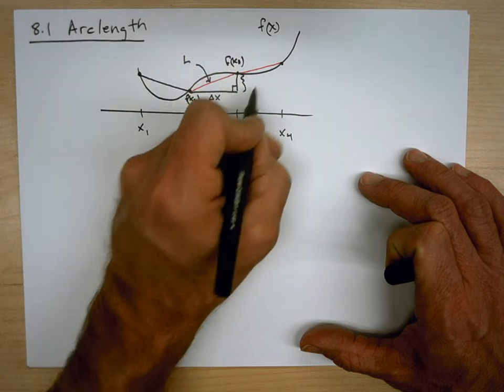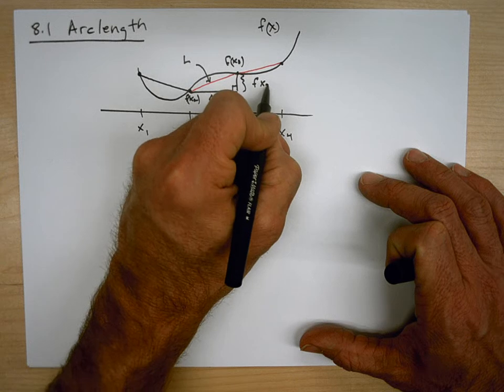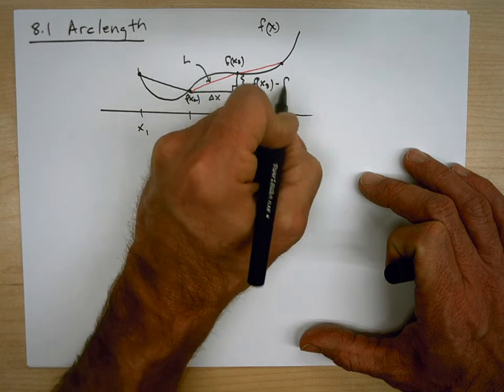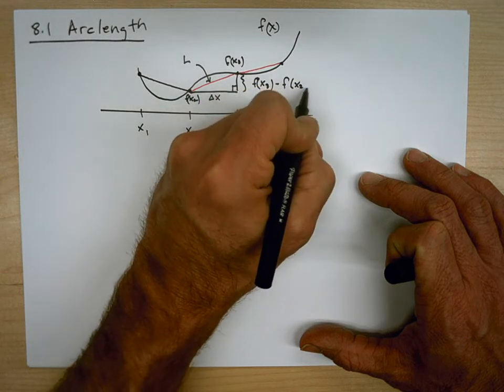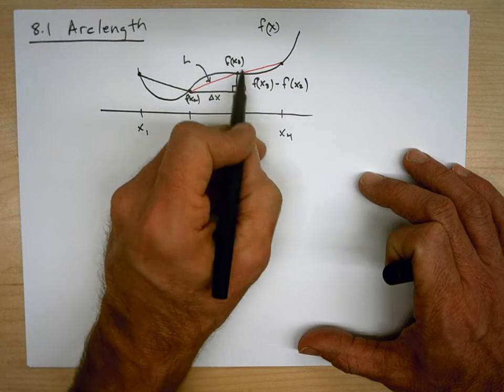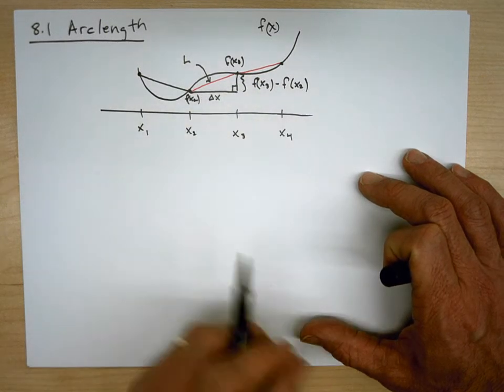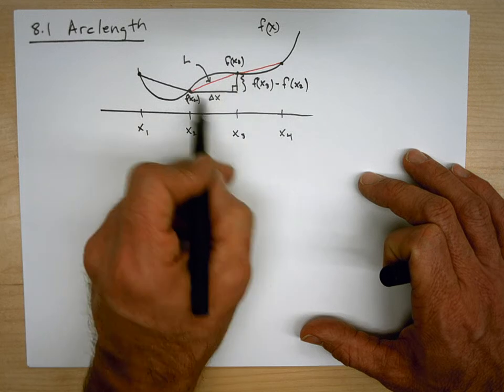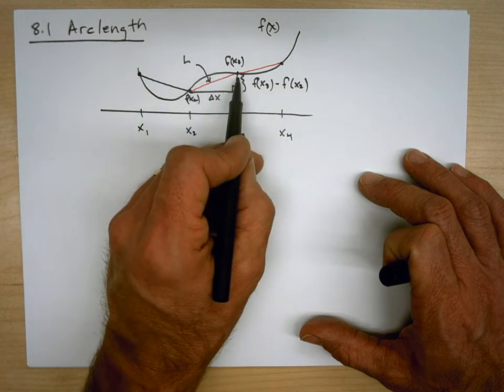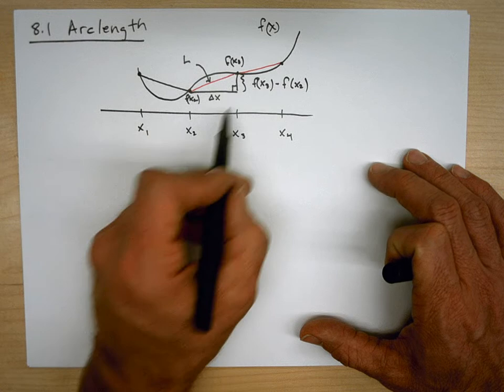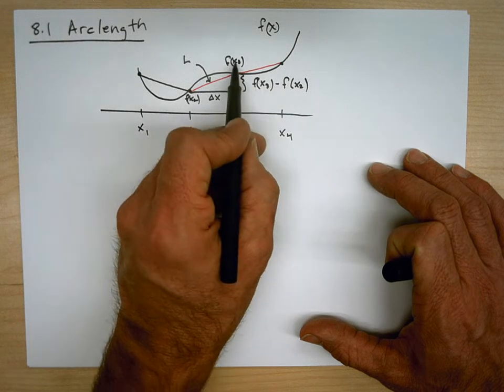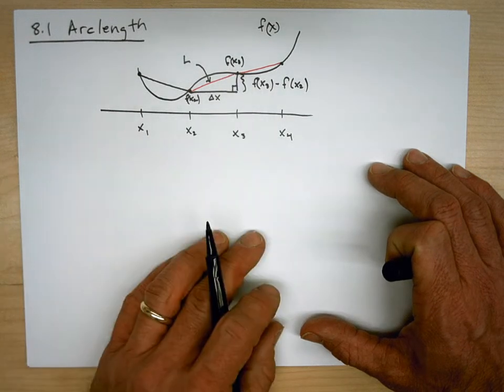So this vertical distance is f of x3 minus f of x2. Of course, we could take an absolute value. We don't have to assume that f of x3 is bigger than f of x2.